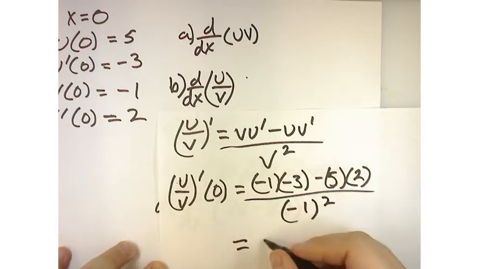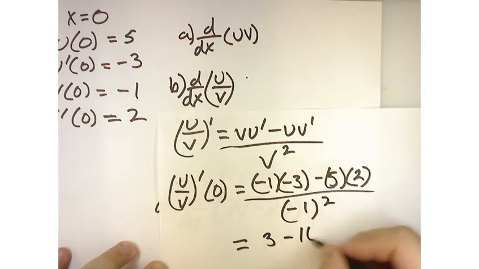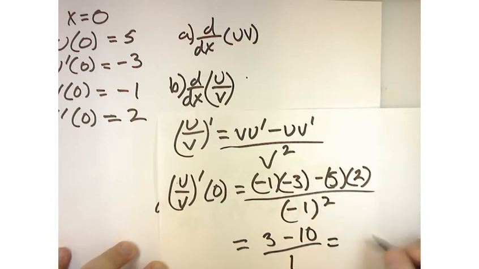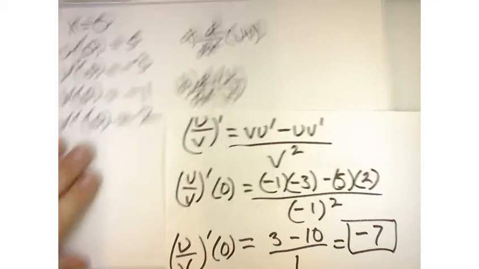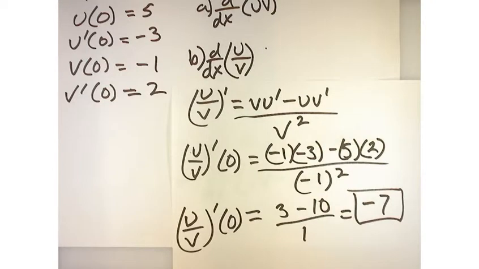So we have positive 3 minus 10 all over 1, which is going to be negative 7. Does that make sense? And that one's the right answer. I didn't make any mistakes that time. Shall I move on?